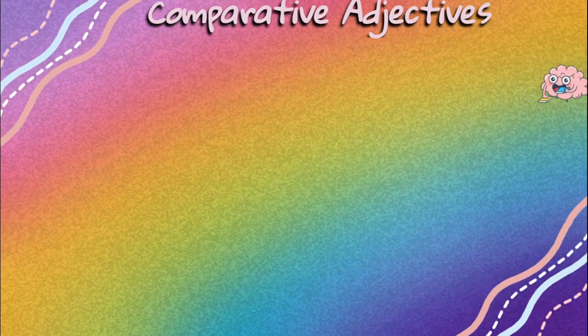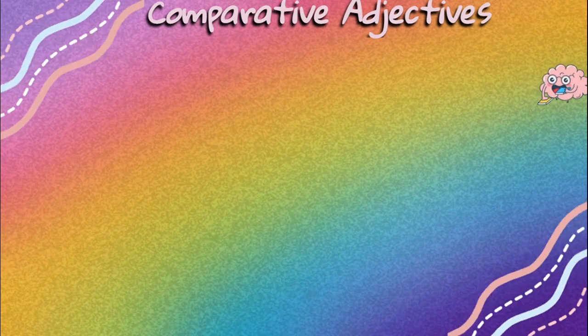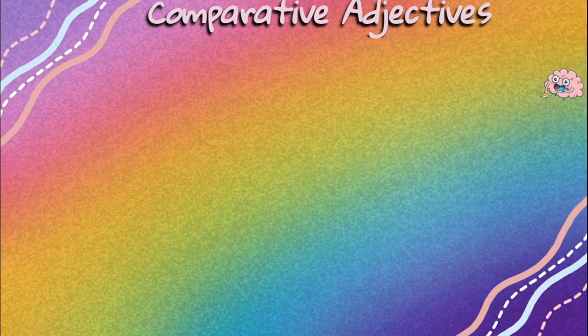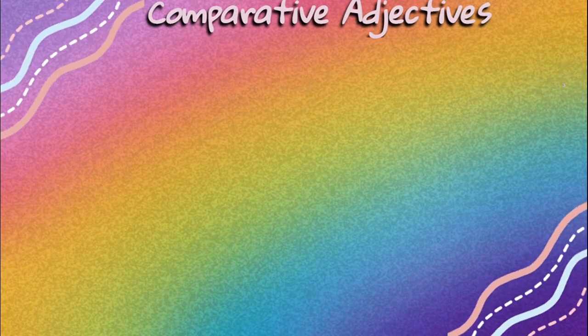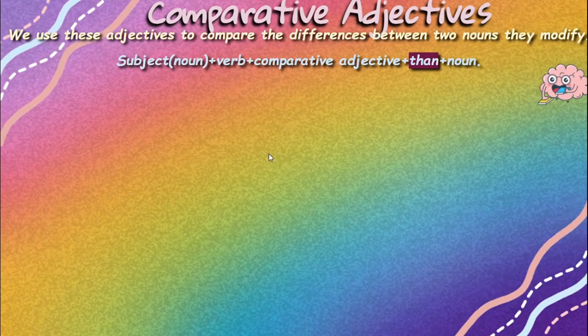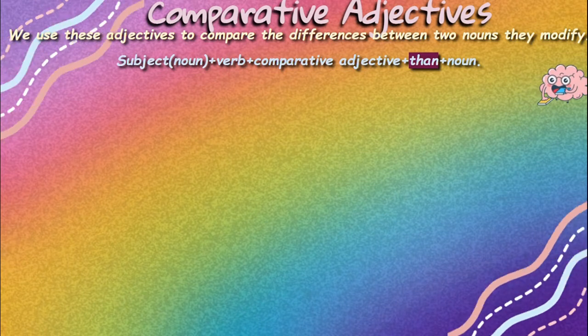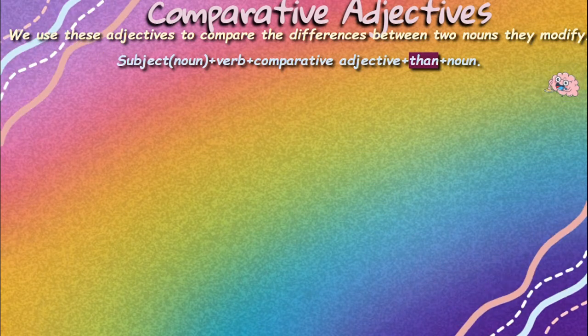Comparative and superlative are special forms of adjectives. So now I am going to talk about this type of adjectives. Comparative adjectives. We use these adjectives to compare the difference between two nouns they modify.